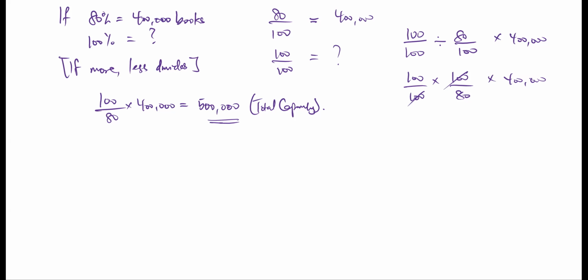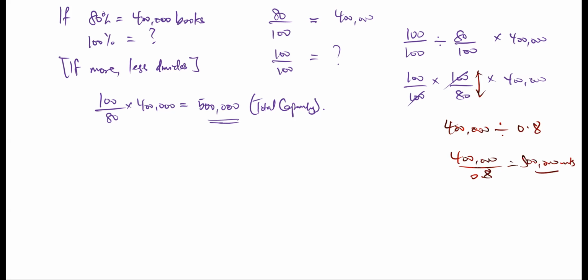This one can be rewritten as 400,000, if I want to go reciprocal, divided by 0.8, because this one will now turn upside down. Because it's reciprocal, this ends up as 400,000 over 0.8, and you are still going to get the same 500,000 units.